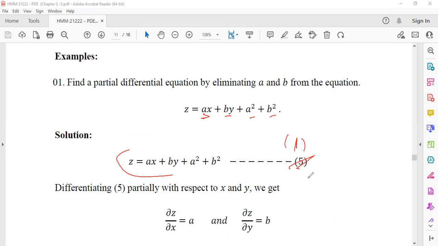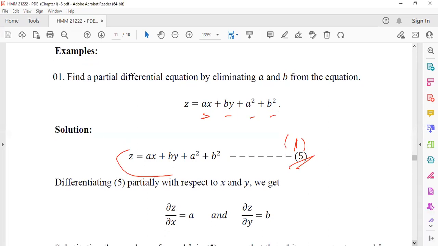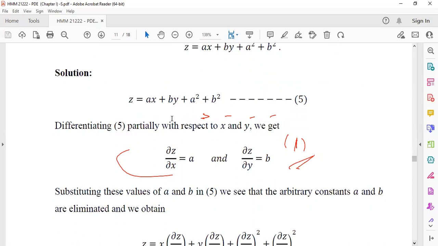Now differentiate partially with respect to x. In our ED course, you used the word differentiate with respect to x only, but here we are doing it partially, so we use this term also.